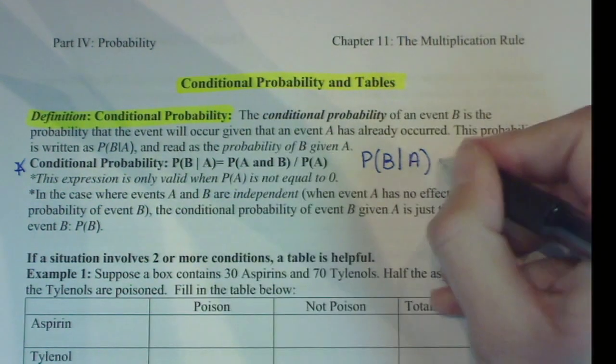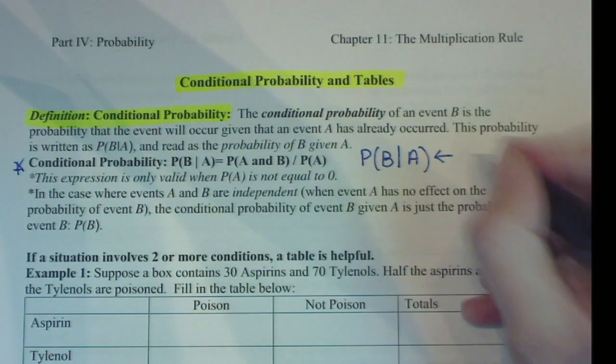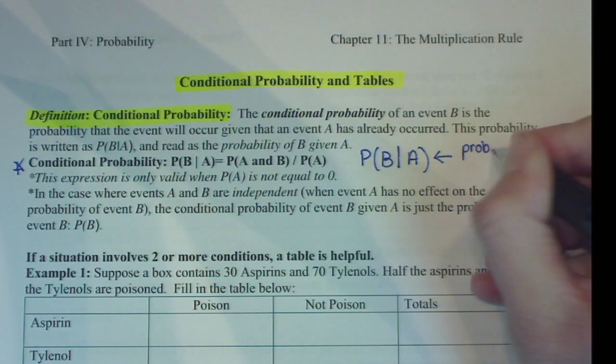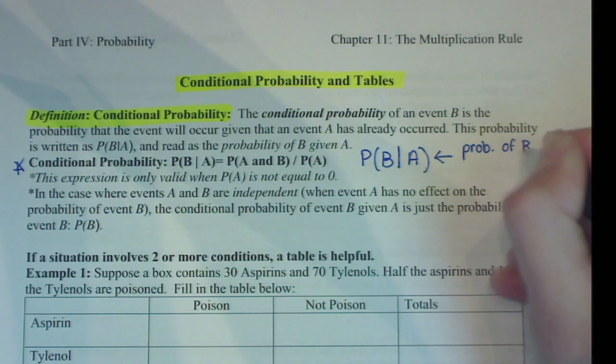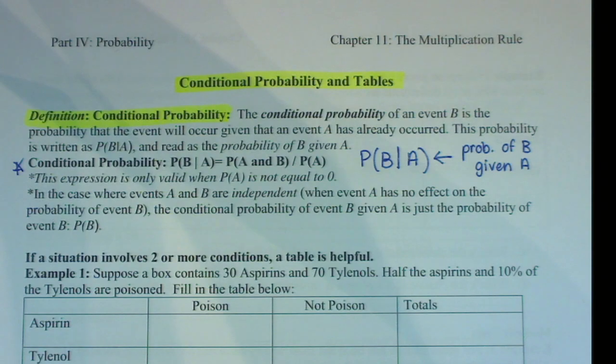So you guys might see some of this notation on the homework. All this means is, what's the probability of B given A? So the line just means given. It's not anything fancy. So what's the chance that something happened given that something already happened?